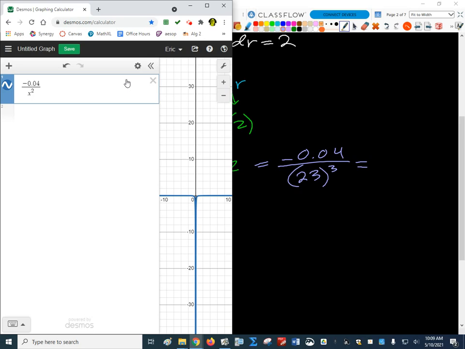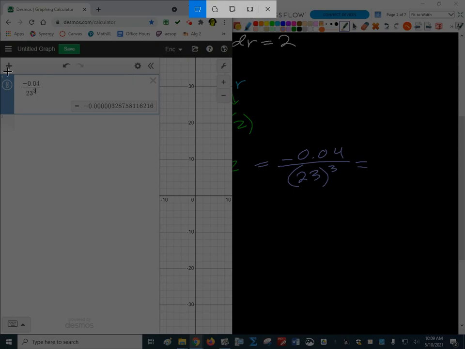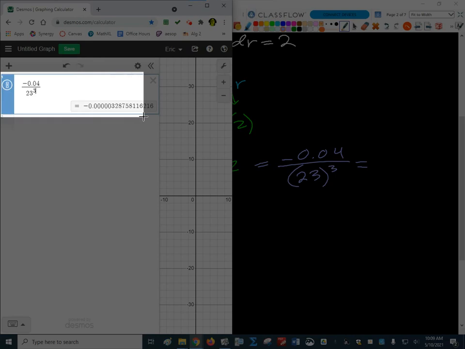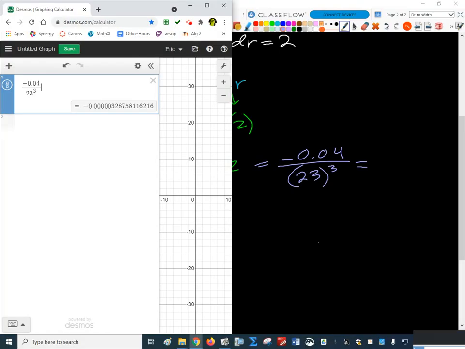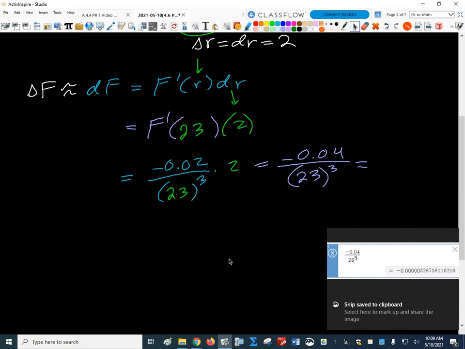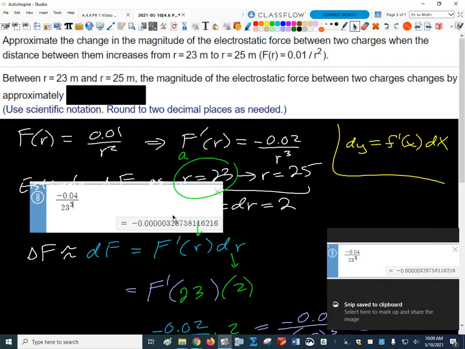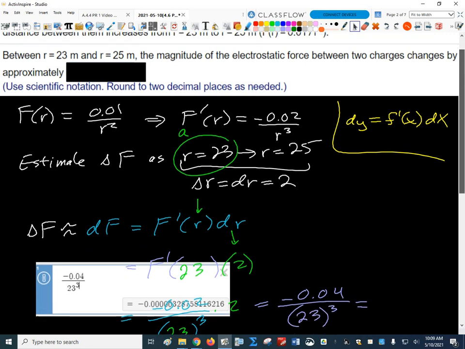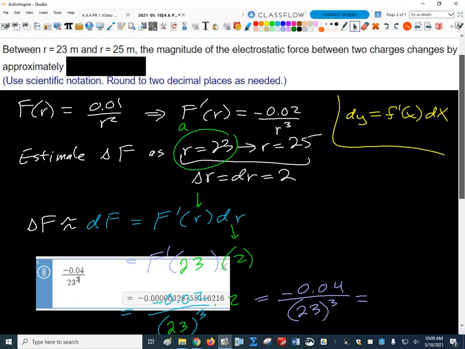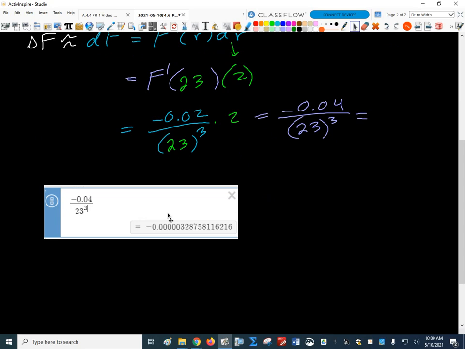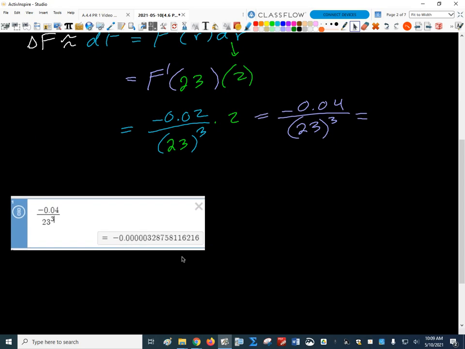Negative 0.04 divided by 23 cubed gives us that. They want us to round to 2 decimal places using scientific notation. So what's that going to give us then?